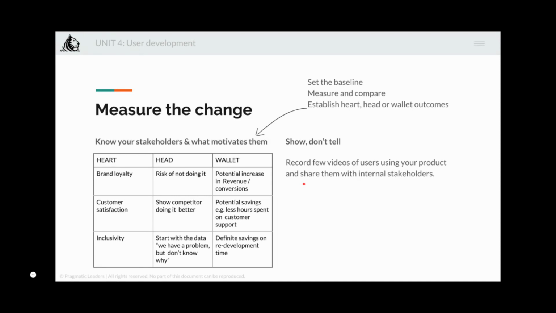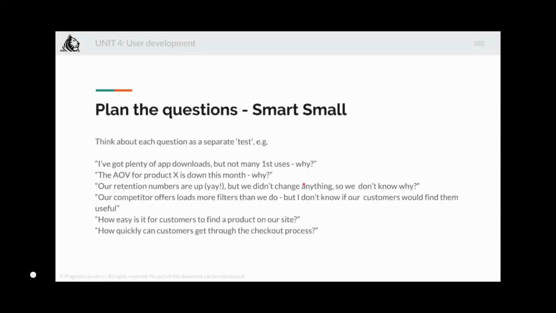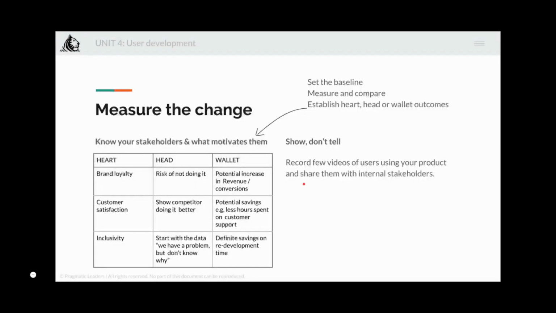They'll be convinced and they will give you the resources that are required, resources of time or whatever. Okay. Right? So this is getting started, and you need to start small and fast. That's how you can get started. And hopefully, this will remove the inertia that typically plagues the entire game of doing user research.